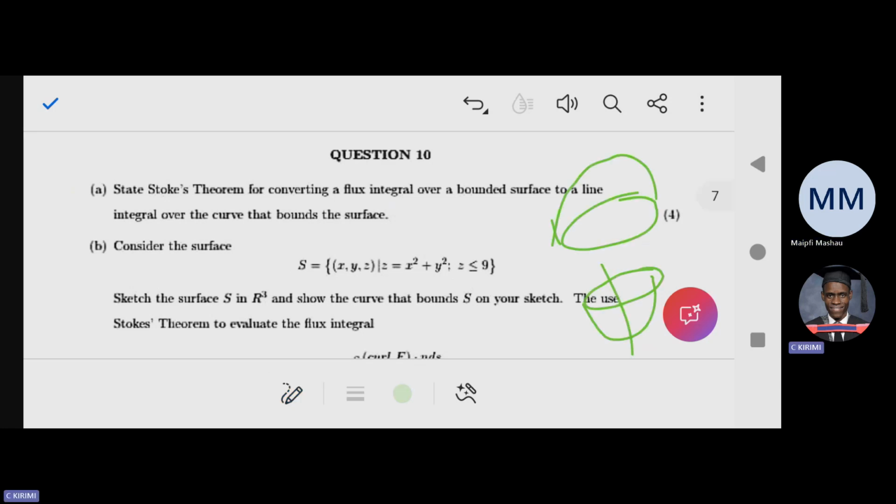So this one was the first one, where Z equals 9 is here. At this point, this is Z equals 2. So you can see that the orientation of this surface is up. Then the curl is anti-clockwise. And the orientation of this one is facing downwards. Then the curl has to be clockwise. So you must know those things.